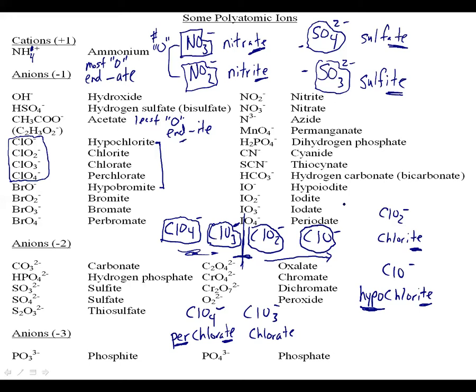What you'll also see when you look at this little table here is, in addition to chlorine, which is a halogen, you could pretty much swap out the halogen for any other halogen. So right below it over here, what we see is Br in place of Cl, and they're named the same way. This is hypobromite, bromite, bromate, and perbromate.